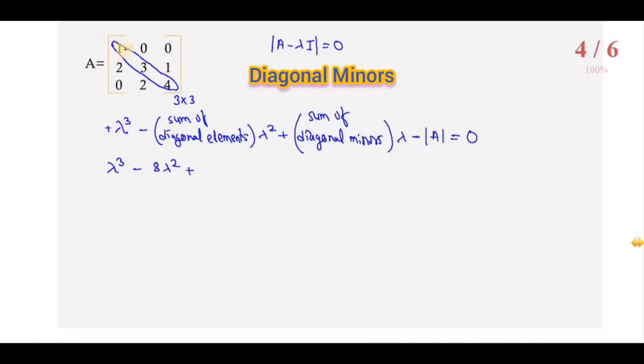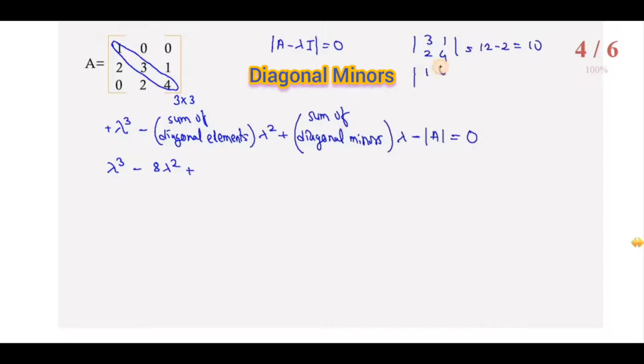For the first 1, we hide this row and this column, so we get 3, 1, 2, 4. The determinant of this is 3 into 4, 12, minus 2, that is 10. Then for the second element, we hide this row and this column and we get 1, 0, 0, 4.